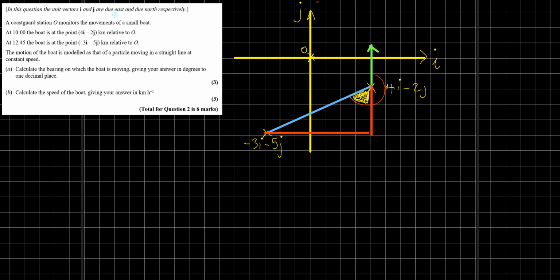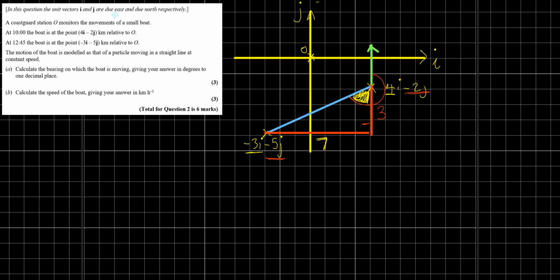It's not usually to scale, but you're looking at the difference between the i component. We start at 4, we ended at minus 3. So the difference is going to be 7 for the i component. The difference in the j component, we started off at minus 2 and we ended at minus 5. So the difference there is going to be 3.